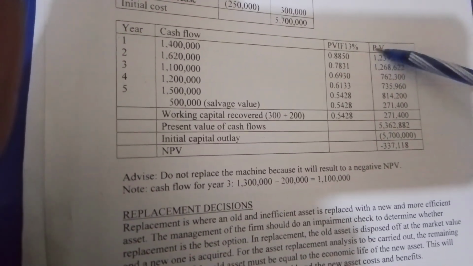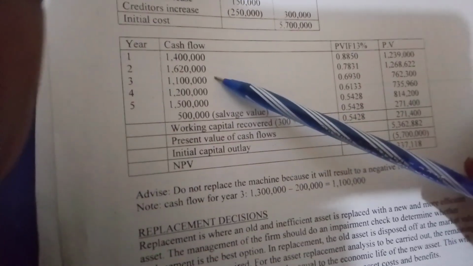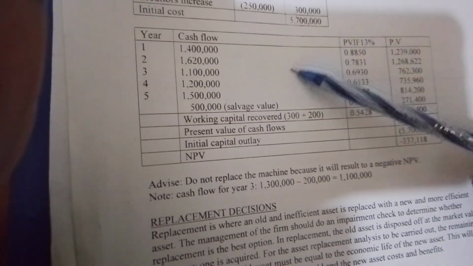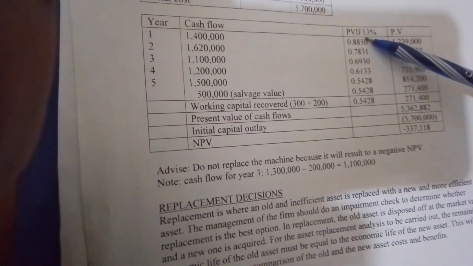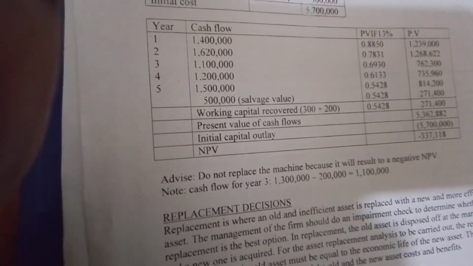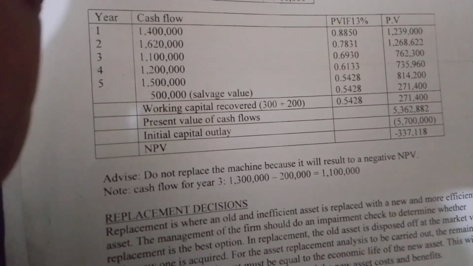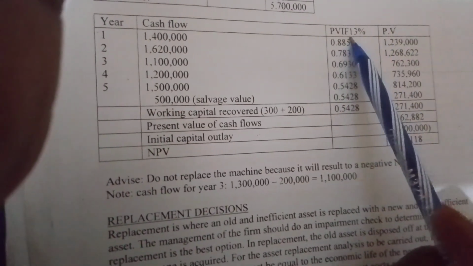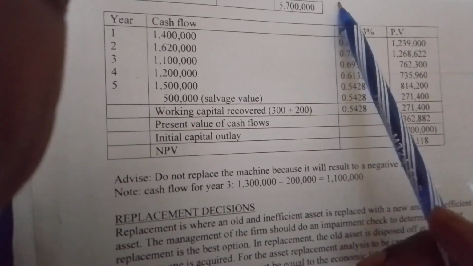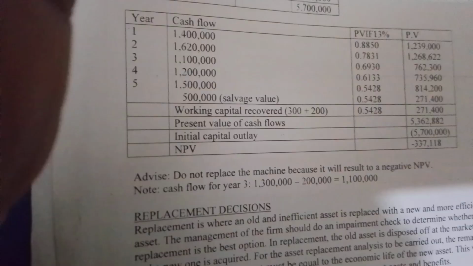Now in this column we have the present value interest factor. These cash flows are irregular, they are not annuities, so you need a column here for the present value interest factor. If 13% is not in your present value interest factor tables, you can calculate these figures by taking (1 plus r) raised to negative n.